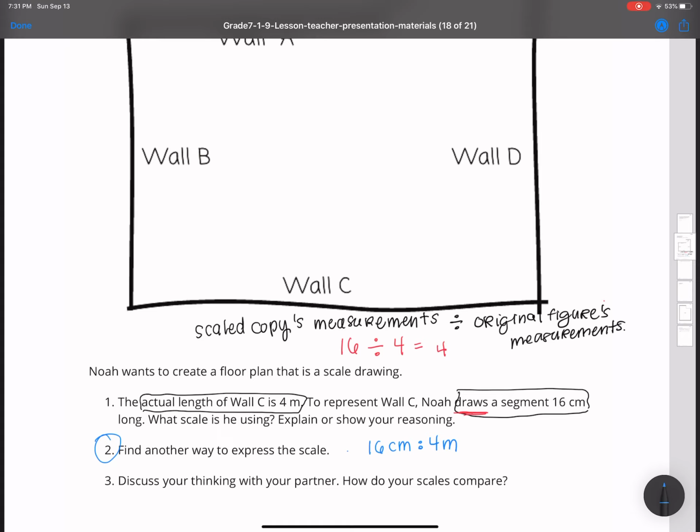This ratio, in fact, can simplify because they have a similar factor that they share, which a factor is just a number that can divide into both of these numbers. So if I break it down to its factors, it'll be 4 times 4, which represents 16, and 4 times 1, which represents meters.